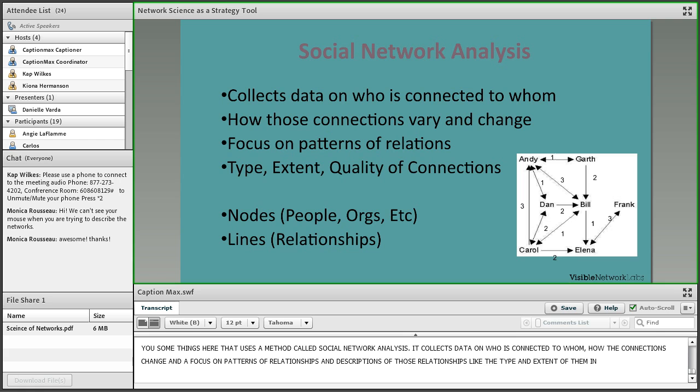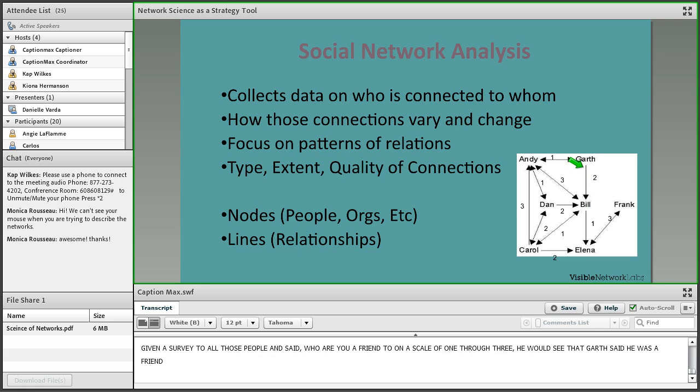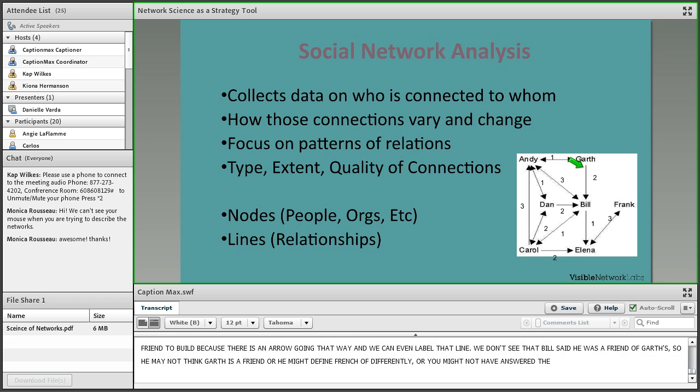I'm going to show you some things that use a method called social network analysis. It's a method that collects data on who's connected to whom, how the connections vary and change, with a focus on patterns of relationships, and then descriptions of those relationships, like the type, extent, and quality of those connections. I've already talked about nodes and lines, but just real quick on the map on the right, if I had given a survey to all those people and asked, who are you a friend to on a scale of 1 to 3, we would see that Garth said he was a friend to Bill because there's an arrow going that way, and we can even label that line.